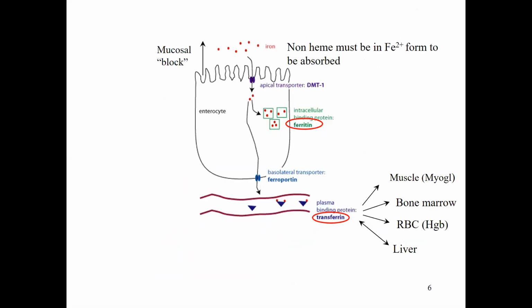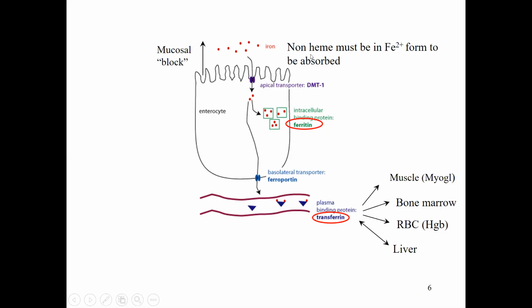I can't remember where I got this picture. I don't think it's from your book, but I just kind of want to review a little bit. You should recognize what this is. We always draw intestinal cells with the little villi. So think about your small intestine and enterocyte that's very good at absorbing. Here's iron floating around. Maybe you just had some food that had iron in it, or you took a supplement.